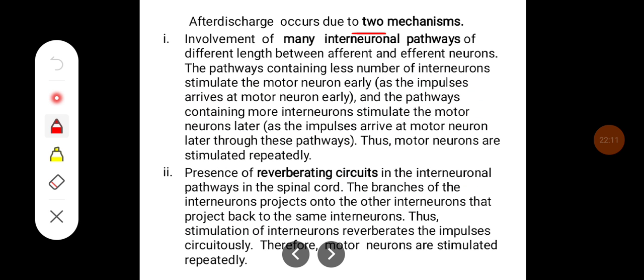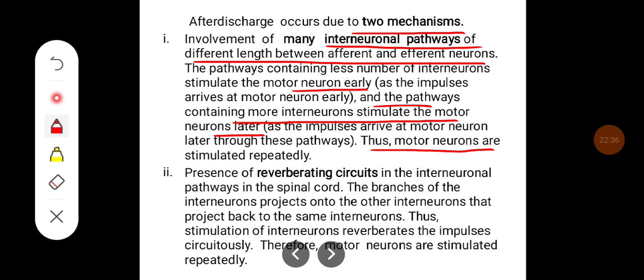After discharge occurs because of two mechanisms. The first one is involvement of many interneuronal pathways of different length between afferent and efferent neurons. The pathways containing fewer interneurons stimulate the motor neurons early, and the pathways containing more interneurons stimulate the motor neurons later, and thus the motor neurons are stimulated repeatedly.